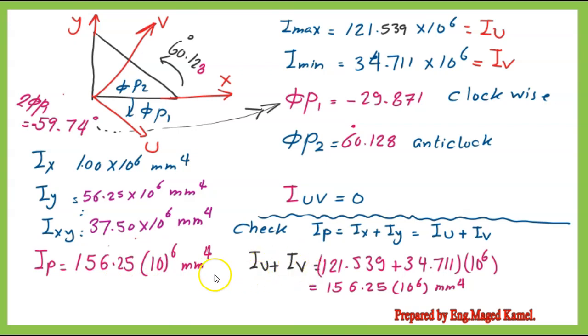I polar equals 100 plus 56.25 equals 156.25 by 10 to the 6 mm4. Check Iu plus Iv equals 121.539 plus 34.711 equals 156.25 by 10 to the 6 mm to the 4.